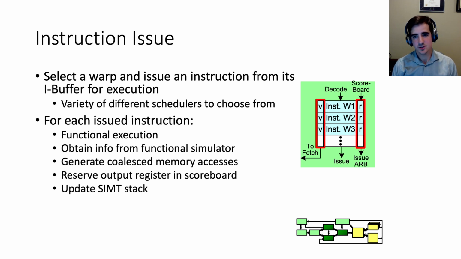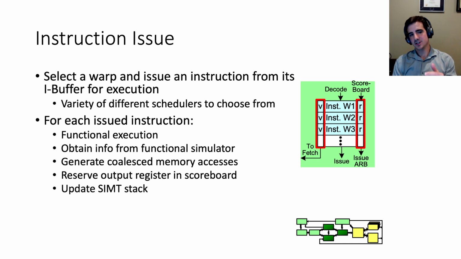When an instruction is issued, there is code inside the simulator that will do the following. First, it will do the functional execution of the instruction. So one thing you should know about the simulator is that the functional model, meaning what result the instruction actually produced, so if you have an add and you add together two registers, and then there's some output to a third register, that actual result, is completely separated from the timing model.